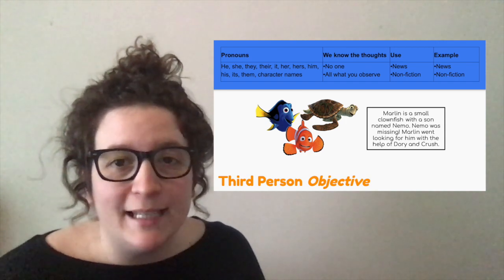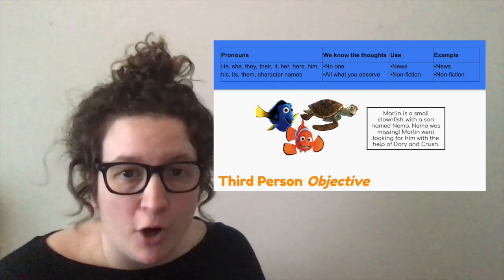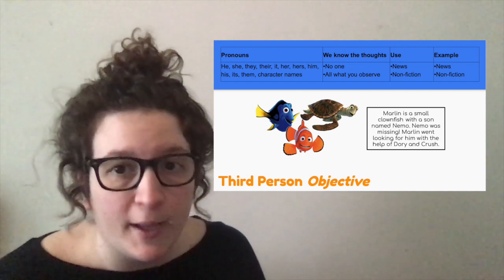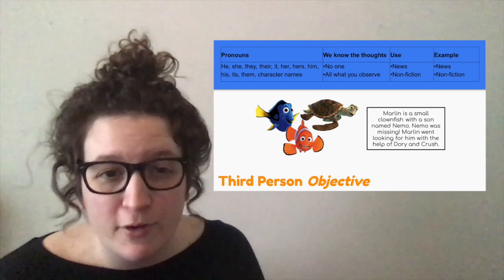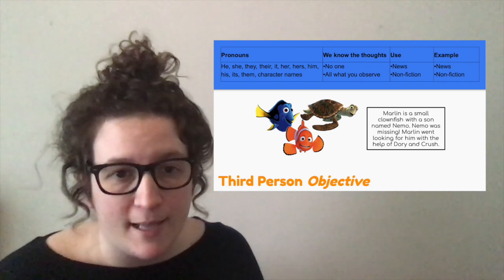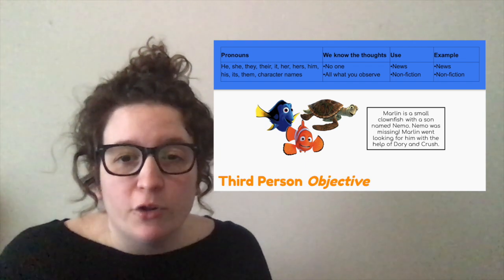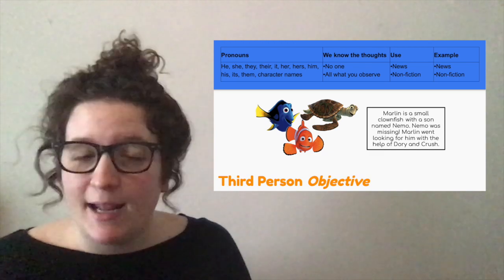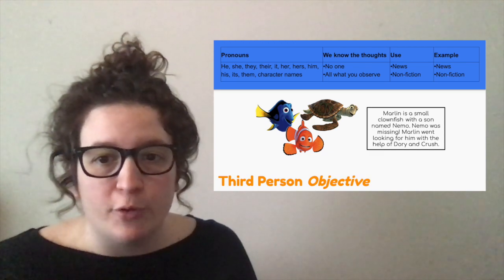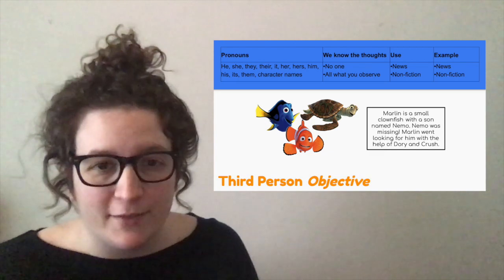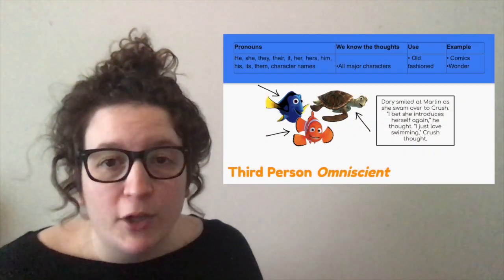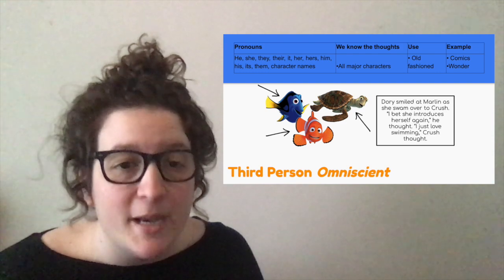The pronouns in third person objective are the same as third person limited. Okay, in all of the third person point of view, all of the pronouns will be the same. You'll notice that there's also not an arrow pointed at anybody for third person objective because we don't know the thoughts of anyone.